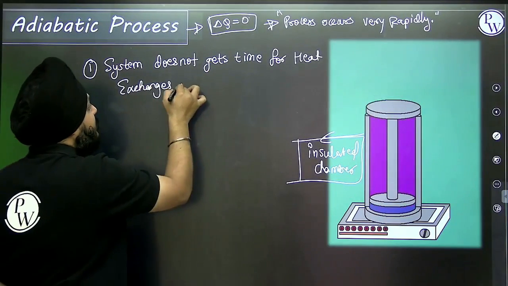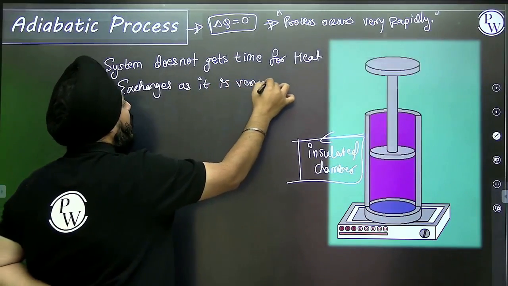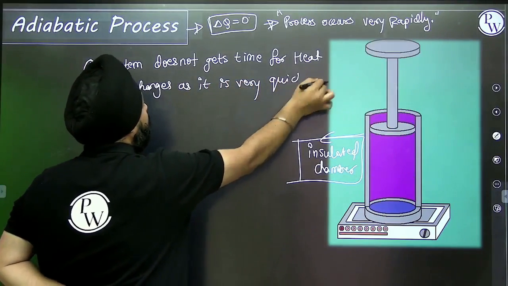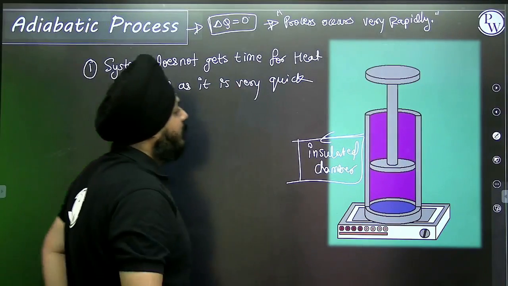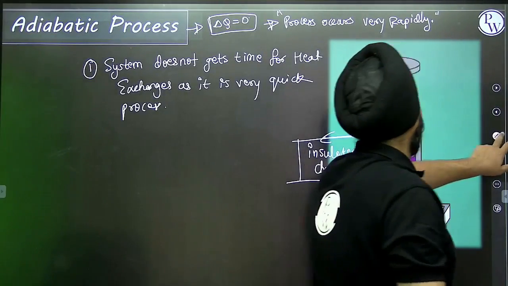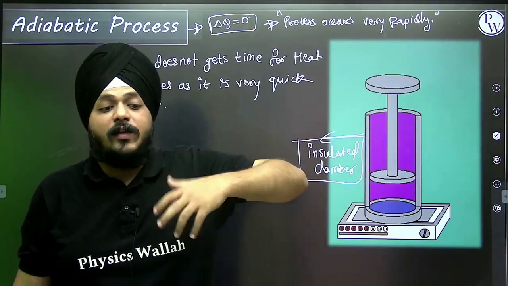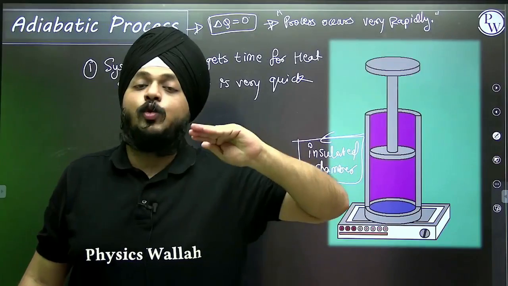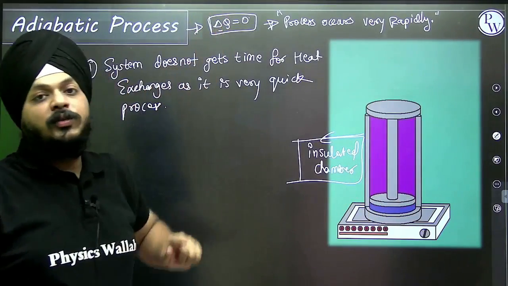As it is a very quick process, the system will not get as much time to exchange the heat. That's why the net heat flow is 0.